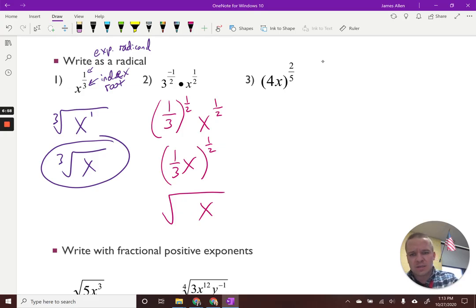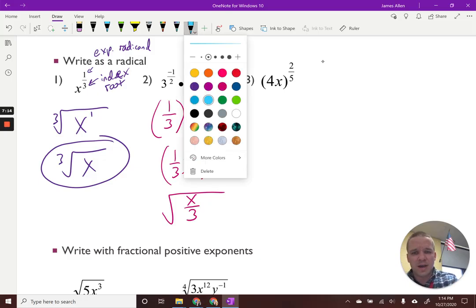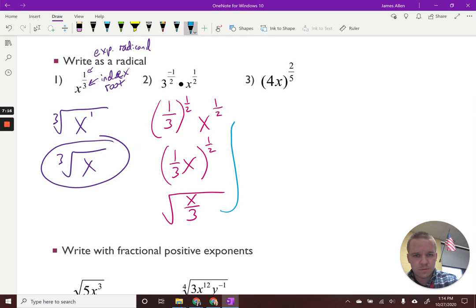Or we could rewrite that as the square root of x over 3. Now, it doesn't say to simplify this, so this would be okay. But technically speaking, if we're going to simplify, I'm going to do that in another color here. What if I were to simplify? So this would be the simplify color. All right.